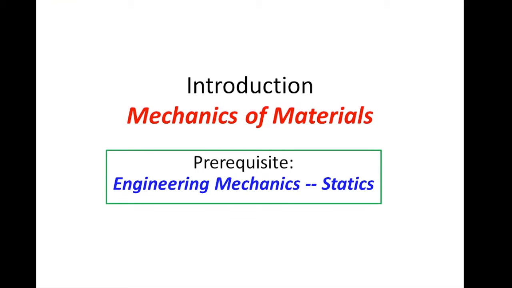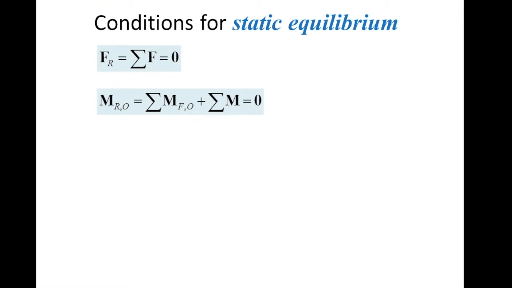In this course, we will still be dealing with objects that are in static equilibrium. Therefore, the most important set of equations that we learned from statics still apply here. And that is the static equilibrium condition: the resultant force vector acting on the body is 0, and the resultant moment vector, which includes the moments caused by forces and the couple moments, summed about any arbitrary point, also equals 0.